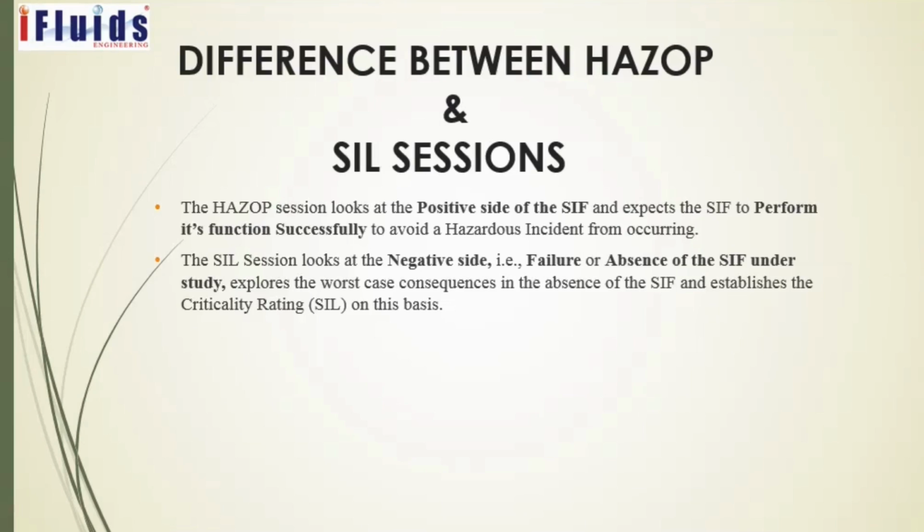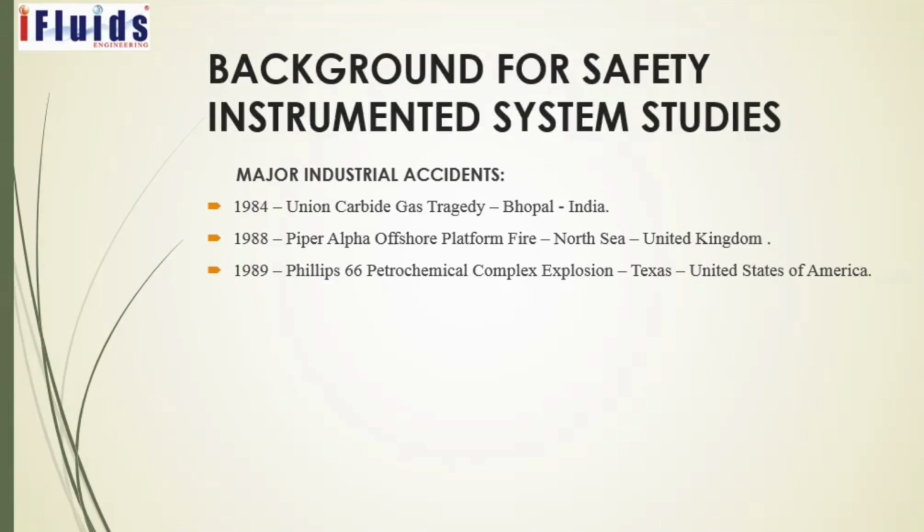But the SIL session looks at the negative side, that's a failure or absence of the safety integrity function under study. It explores the worst case consequence in the absence of the SIF and establishes the criticality rating, SIL, on this basis.